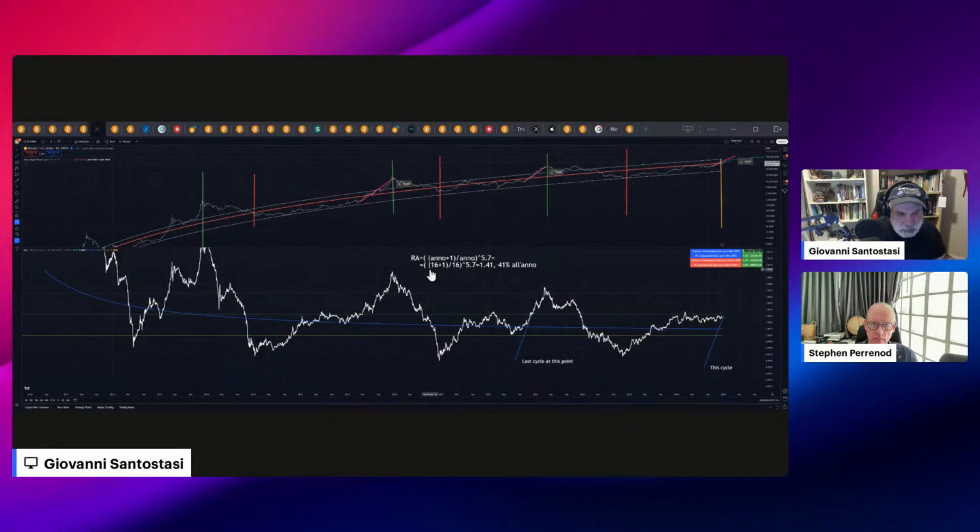But basically, if you want to know what is the yearly return, you take the number of years from the Genesis block. You add one, you divide by 16, and then you take the power of this power law, in this case 5.7, and what you get is 1.41, which basically means right now we are doing about 41% a year. And you can also do it with days.